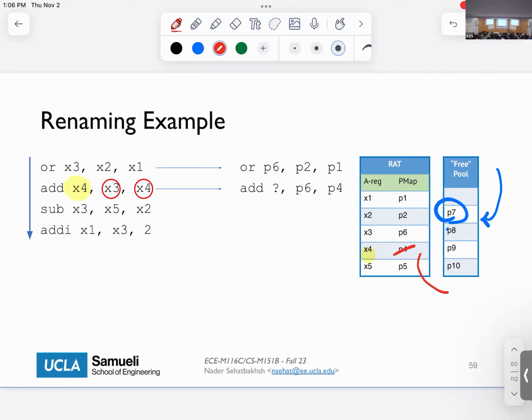Does it go back to the free pool or not? And the answer to this is that no, we don't let it go until we retire the instruction. Okay, so I'm going to explain why this is the case, because if you want to recover, you need to recover the old register. That's why you don't let it go. But I'm going to explain a little bit later.